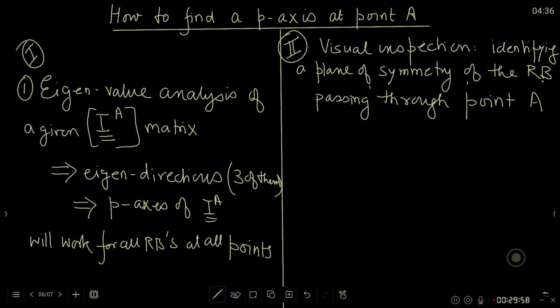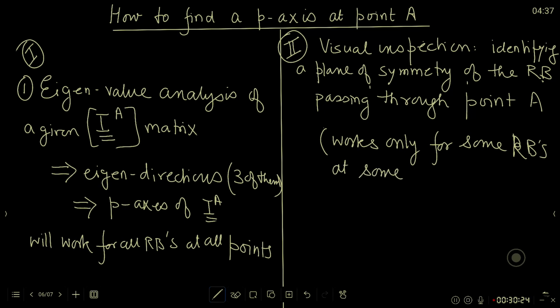Now the second method will work only when such a symmetry is recognizable. Only if it is obvious, that you can identify such a symmetry by visual inspection, then only it will work. It works only for some RBs at some points. It may not work all the time.